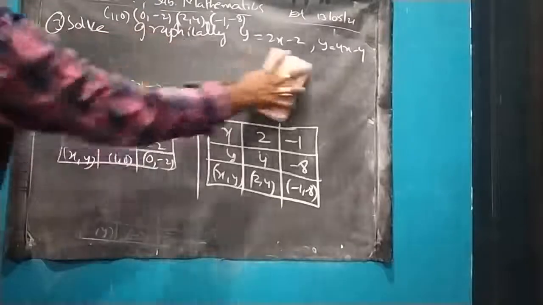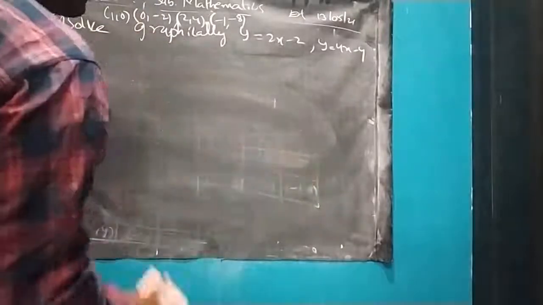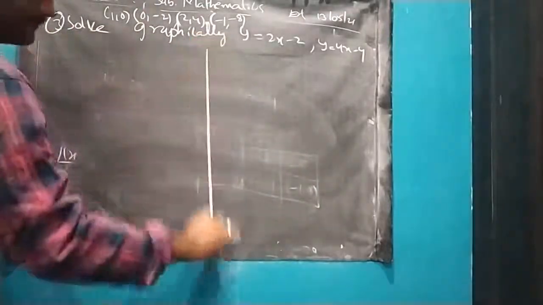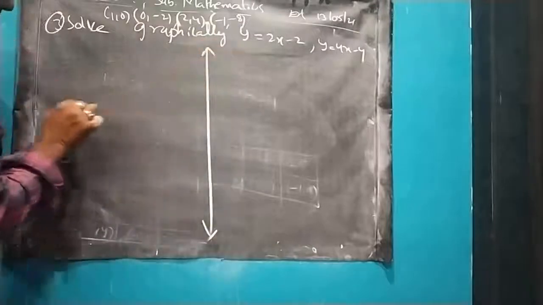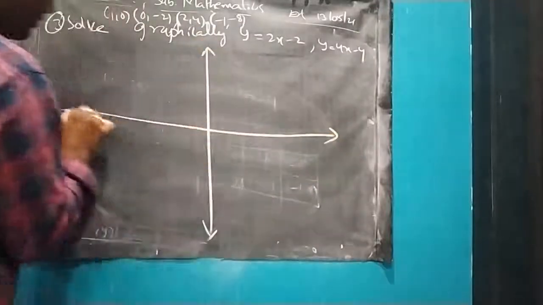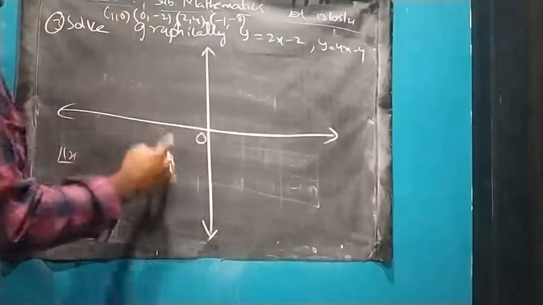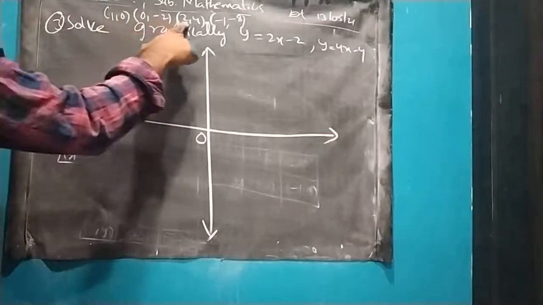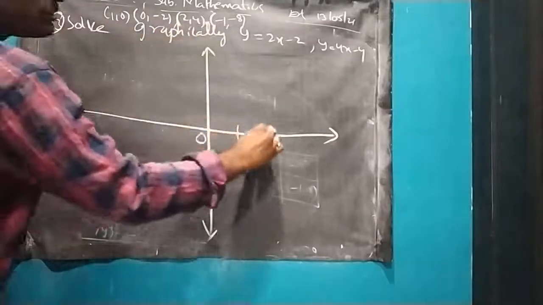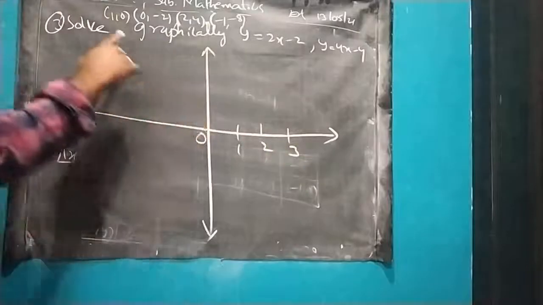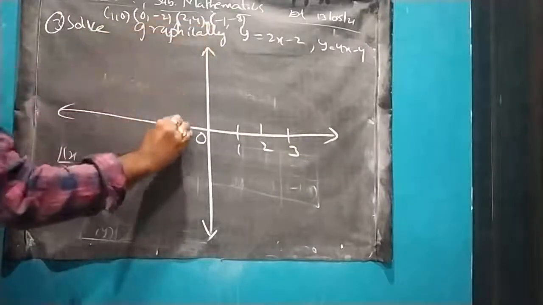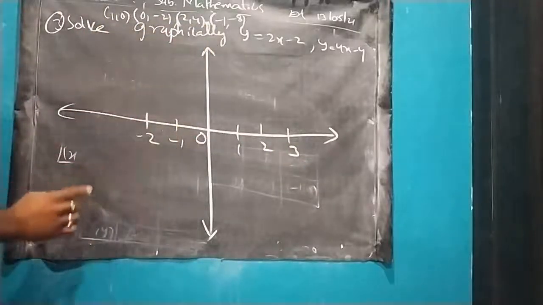Let me plot this on the graph sheet. See here, the origin. What is the highest x value? Plus 2: 1, 2, 3. The negative x value is minus 1, minus 2, okay, we can stop.